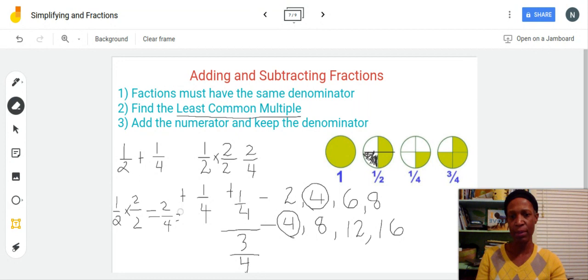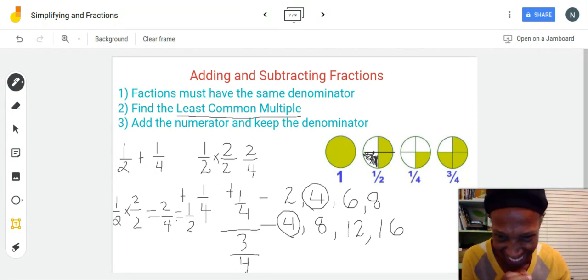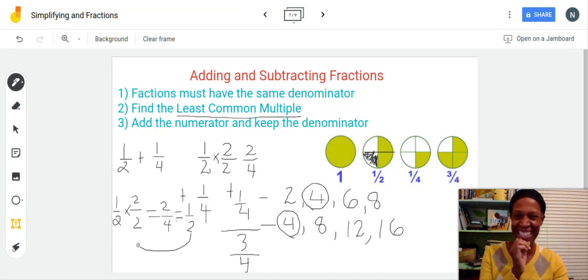Let's fix this up a little bit. So 2 goes into 2 one time. We put a 1 right here. And 2 goes into 4 two times. So when we simplify it, we get exactly the same thing as we started out with.